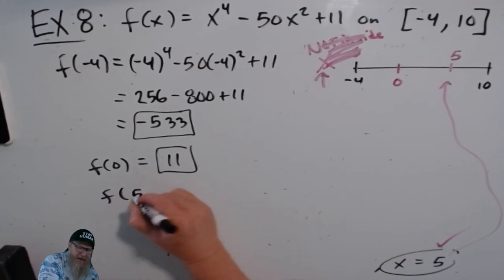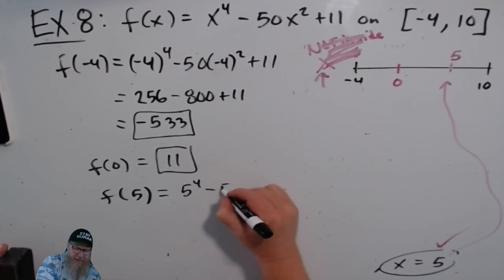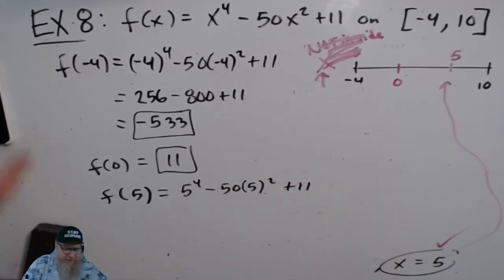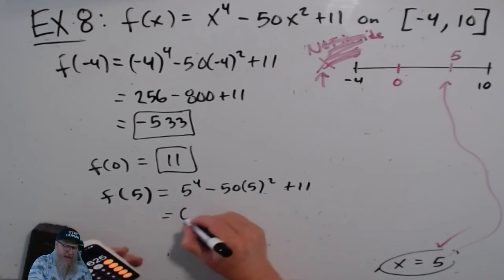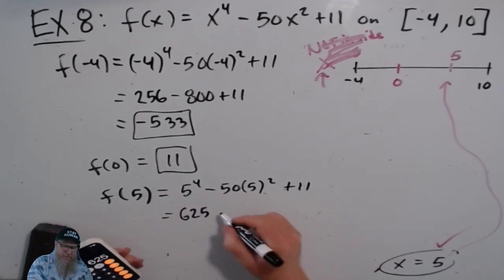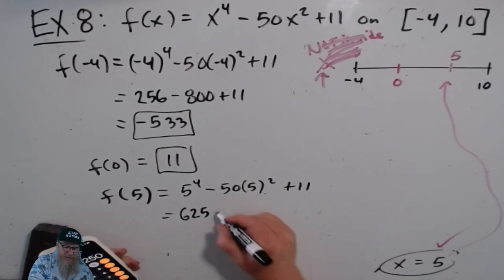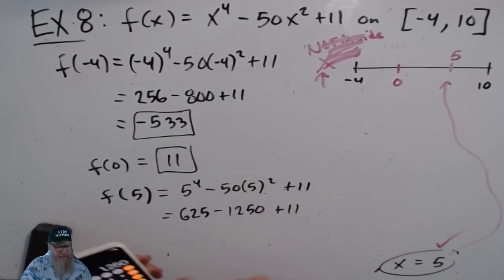Let's go to 5. So I got 5 to the 4th minus 50 times 5 squared plus 11. 5 to the 4th is the same as 25 times 25, just trying to save steps. 5 squared is 25 times 50. So that's negative 1250 plus 11.